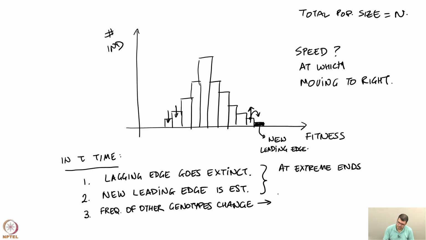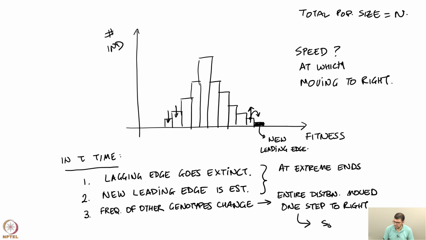It is as if the entire distribution moved one step to the right, and this one step in our framework is S naught unit, because we are saying all beneficial mutations confer this S naught benefit.